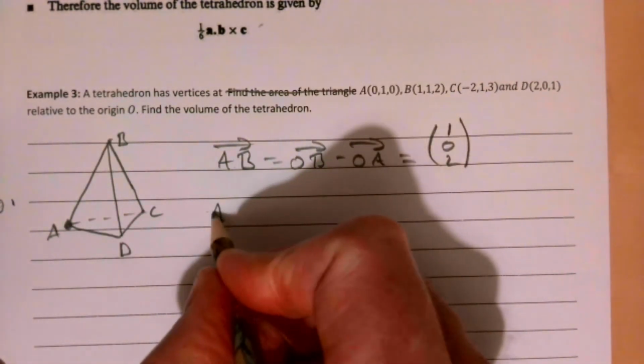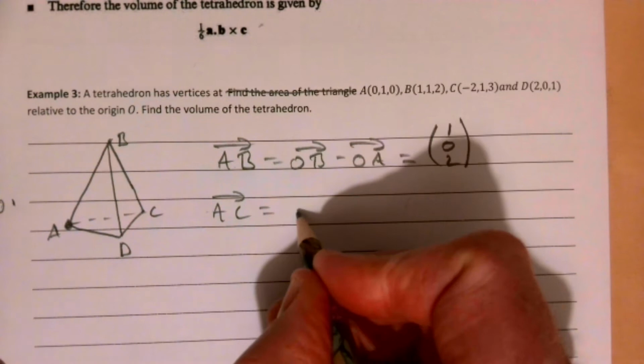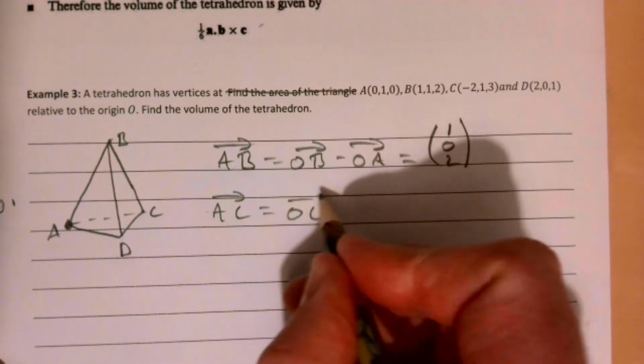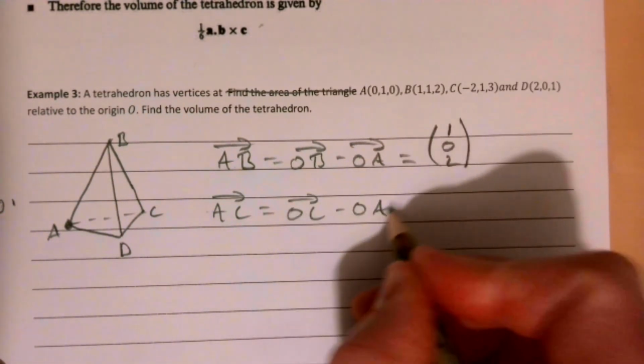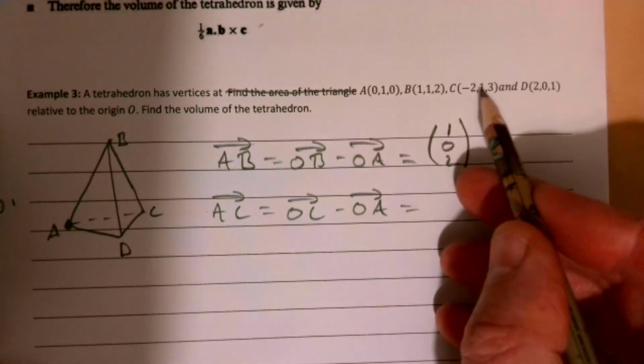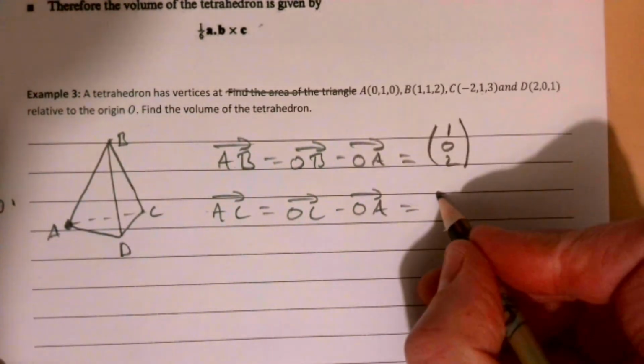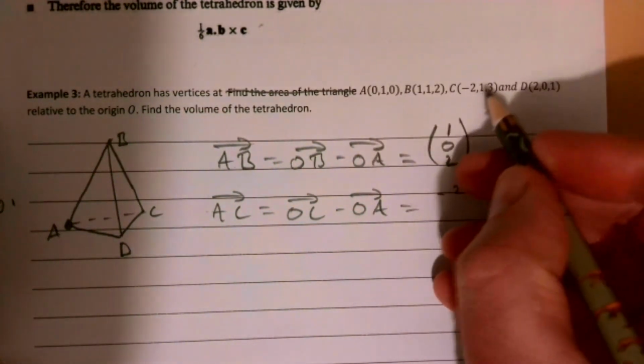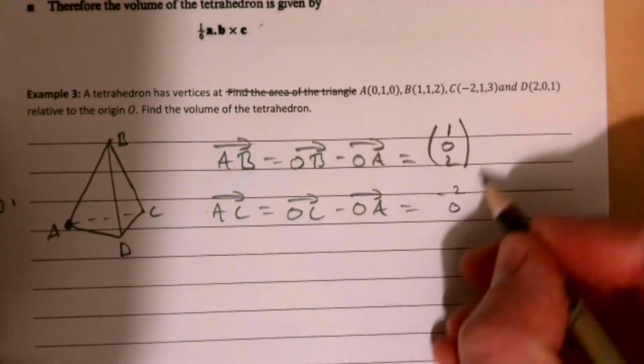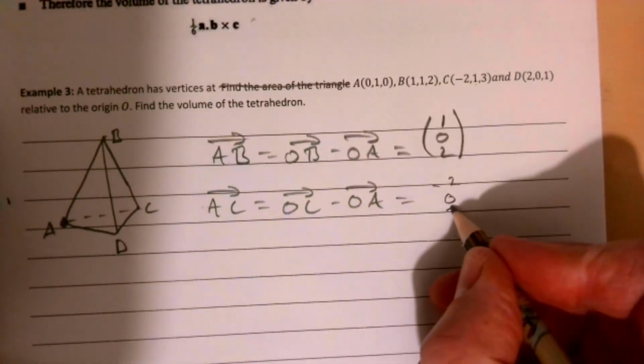So it's that, take away that, so it's going to give us 1, 0, 2. Then AC is going to be OC, take away OA. So it's this, take away this, so it's going to be minus 2, 1 and 1, 0, 3 and 0, 3.